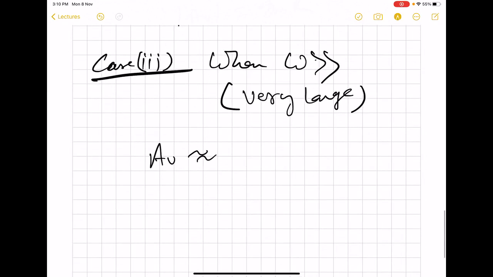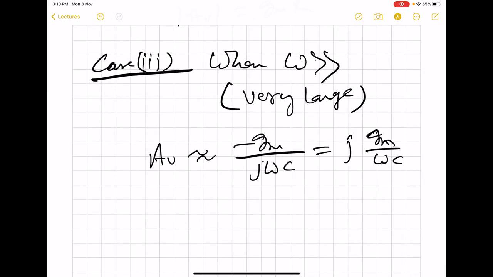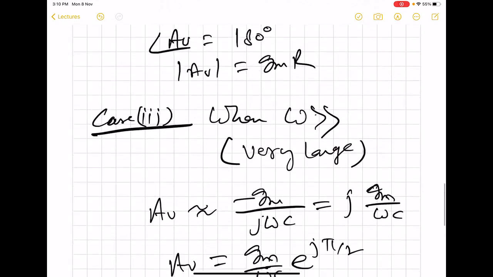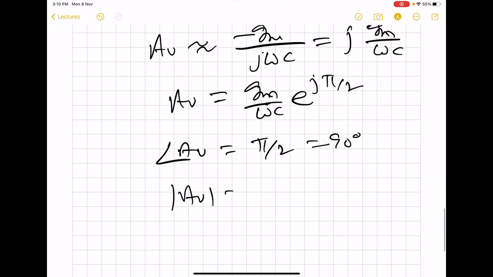So Av becomes approximately equal to minus gm by j omega C. So this becomes gm by omega C e raised to the power j pi by 2. So the phase is equal to pi by 2 and the magnitude is gm by omega C, again very small.